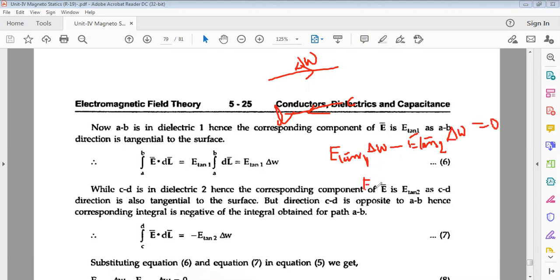Now E tan 1 is equal to E tan 2, as delta omega and delta omega get cancelled.